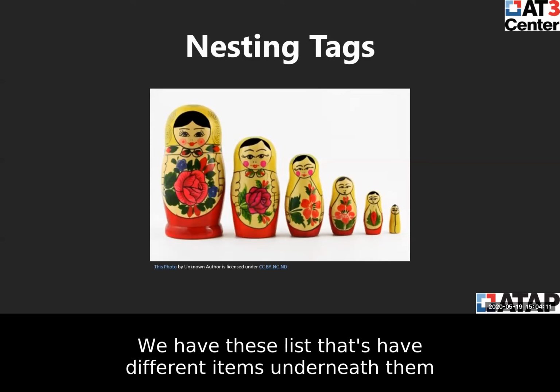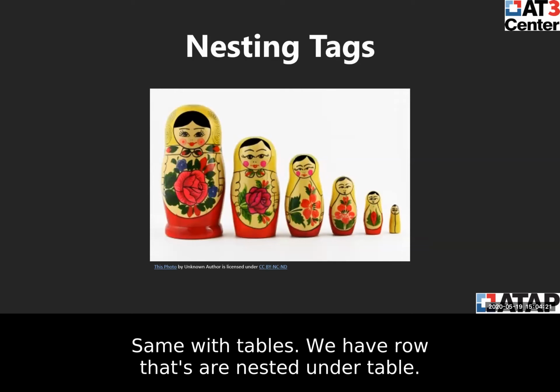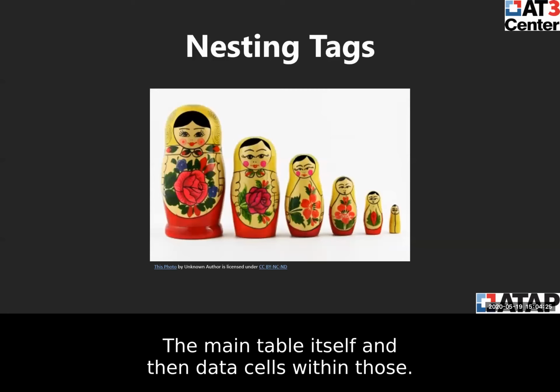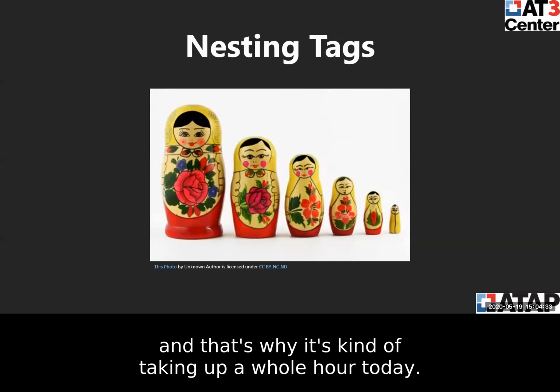We have lists that have different items underneath them, and then potentially even secondary lists as those list items. Same with tables. We have rows that are nested under the main table itself, and then data cells within those. So it's a little bit different concept than what we've been doing before, and that's why it's taking up a whole hour today.